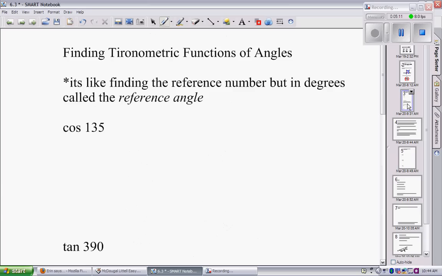So when we find trig functions of angles, it's like finding the reference number, but in degrees, and it's called the reference angle, which we will define after our first two examples. So we are looking for the cosine of 135 degrees.